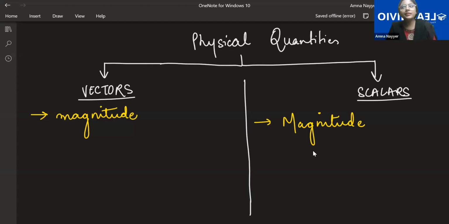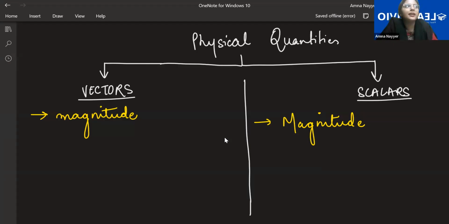Like if I say minus 5 meter per second is the velocity, what's the magnitude? Just 5. That will just tell us the numerical value. Only the numerical value, ignoring the signs, is what is meant by magnitude. If I tell you the force is minus 8 Newton, the magnitude will be 8, not minus 8.